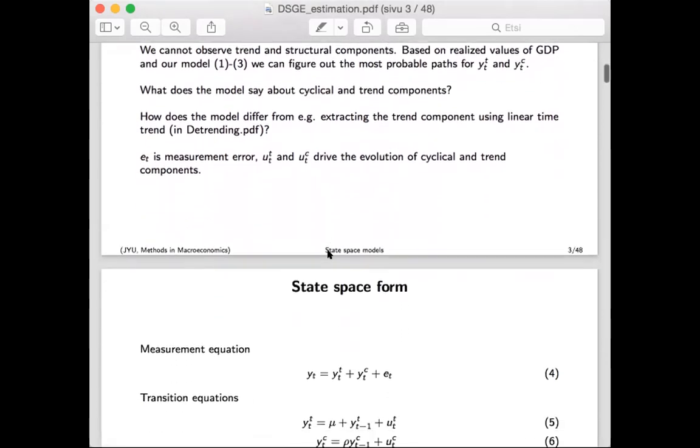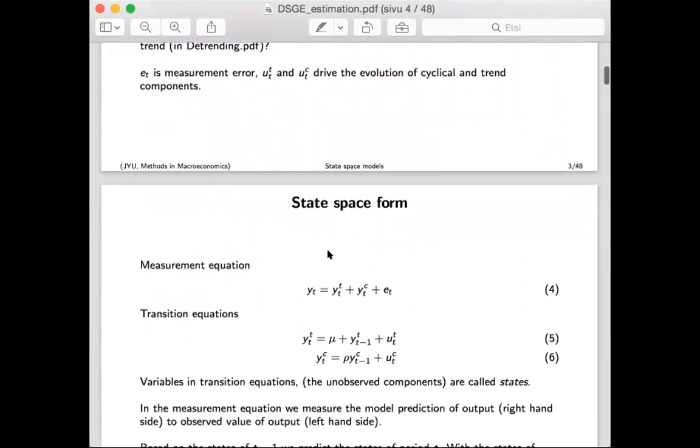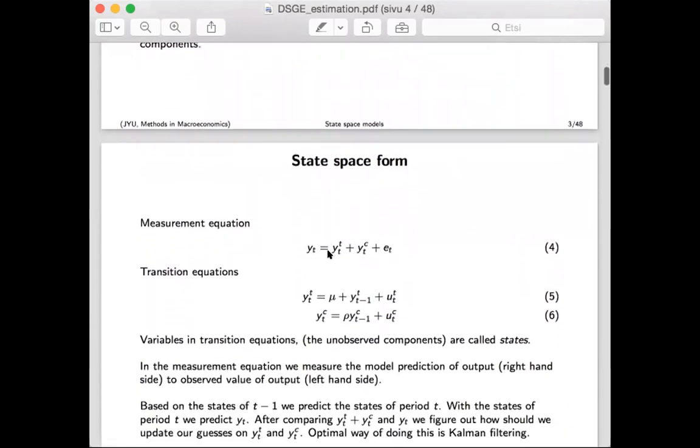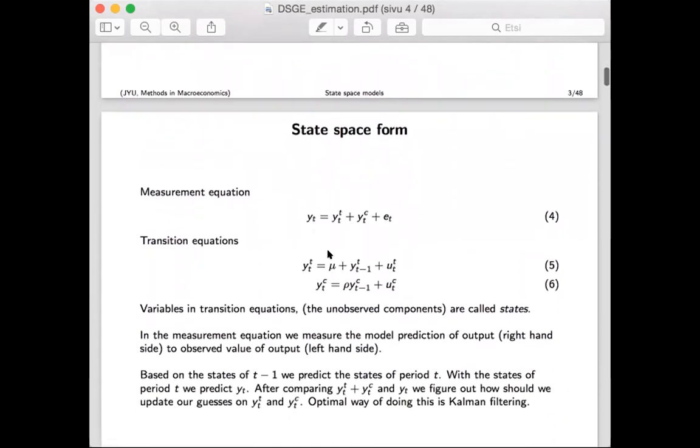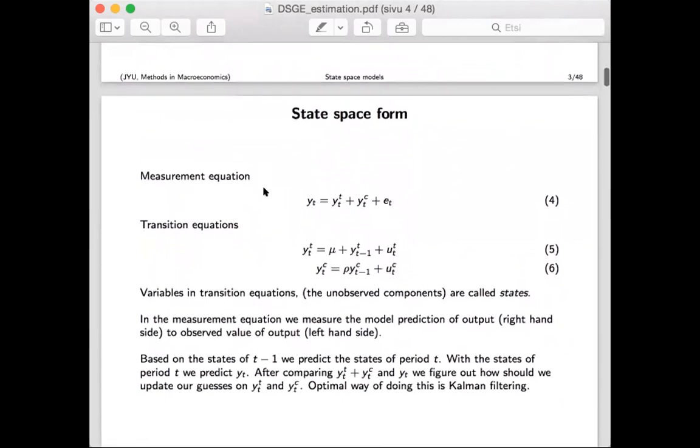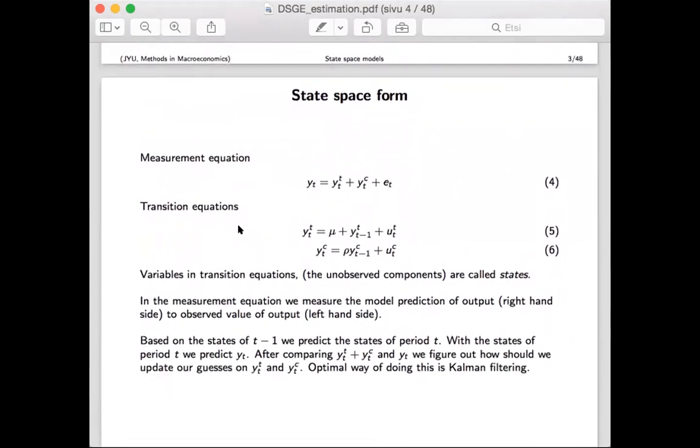First thing to do is to put this model into state space form. And in that form, we have a measurement equation where we link these unobserved components to the data that we observe, and then transition equations that determine the evolution of these unobserved components, which are called states.